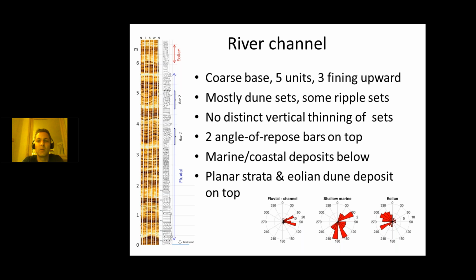So we can pry them apart and we can study our river channel in detail. Obviously, the reason to focus on the river channel is that it is considered to be a very important artery through which sediment is routed through the landscape.